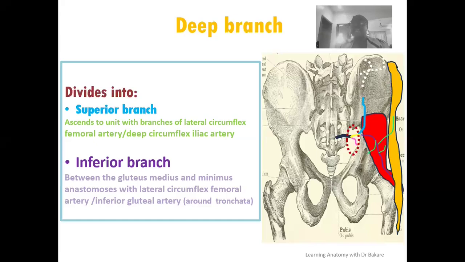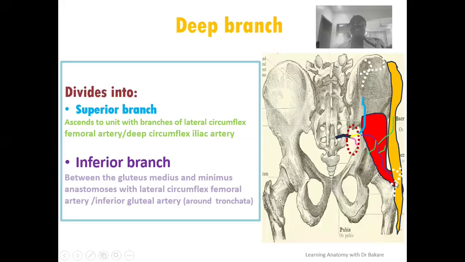And at the end, you see that this vessel will finally form anastomosis around the trochanteric region. Around the region of the trochanter of the femur, it will be creating anastomosis with the lateral circumflex femoral artery and also the inferior gluteal artery. So this is where you see this anastomosis created at this region.